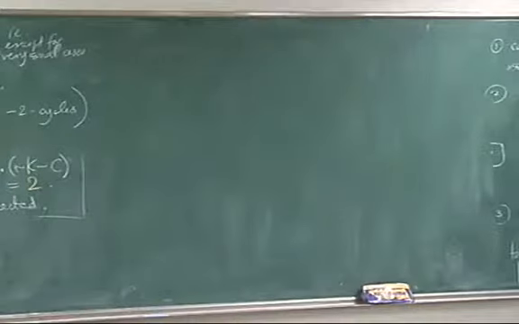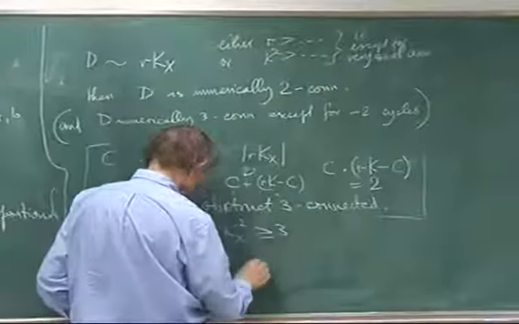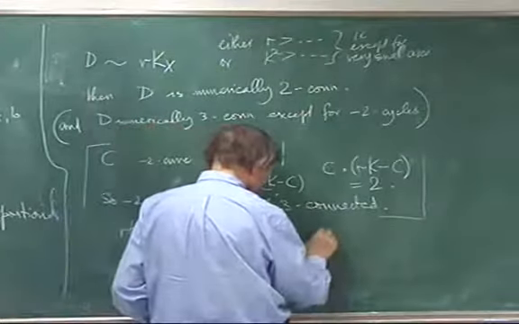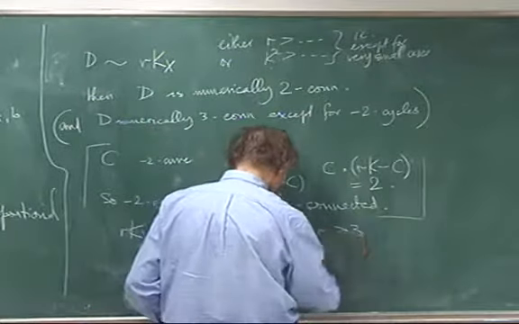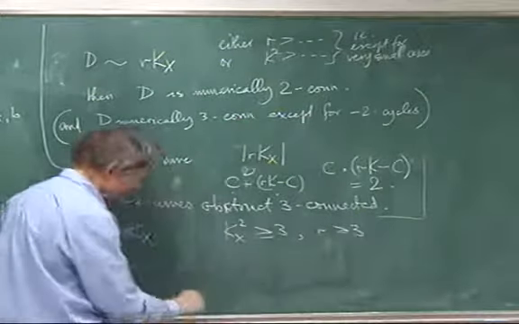So let's look at |rKx|. To be definite, we could say, suppose that Kx squared is greater than 3, and r is greater than 3. This is just for example.